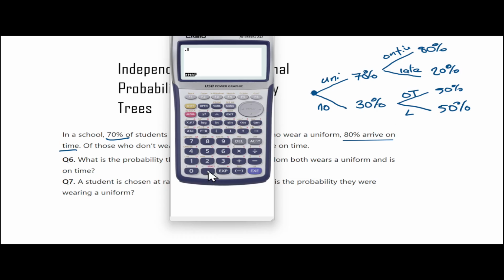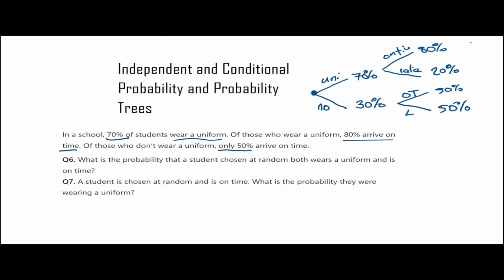So 70% is 0.7 times 0.8, which is 0.56. So in other words, if you chose a student at random before you knew anything about them, whether they had a uniform or not, there would be a 56% chance that they did wear a uniform and they were on time.